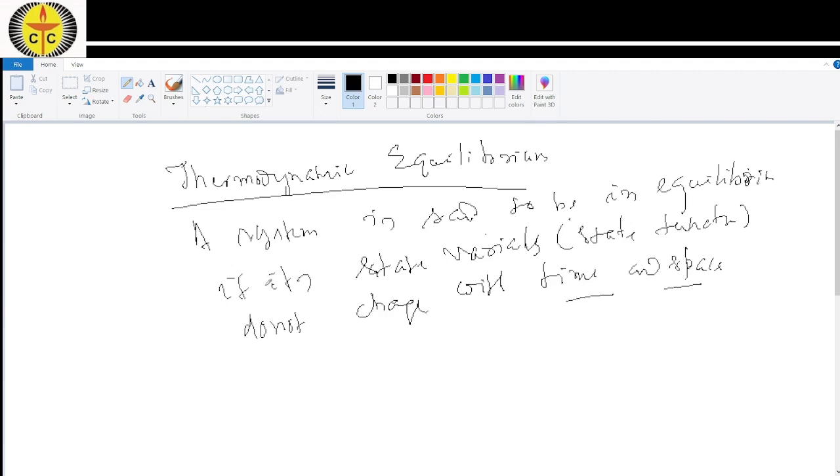So what are the different types of thermodynamic equilibrium? There are different types. One is thermal equilibrium. Number two, mechanical equilibrium.